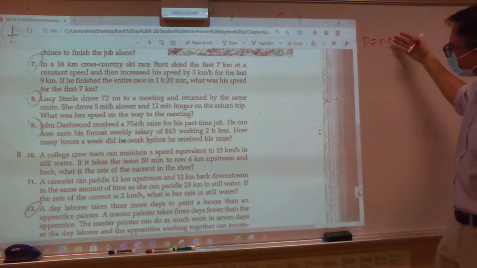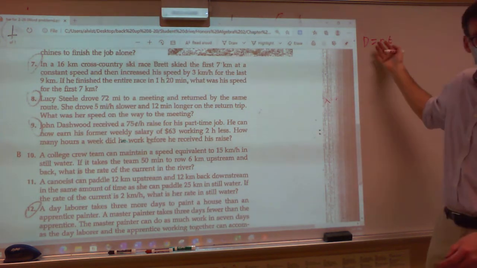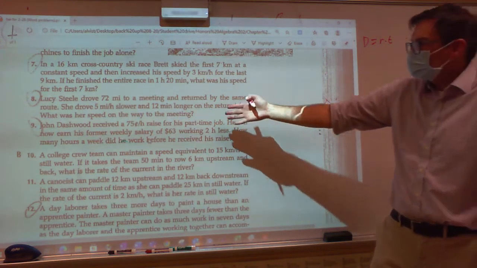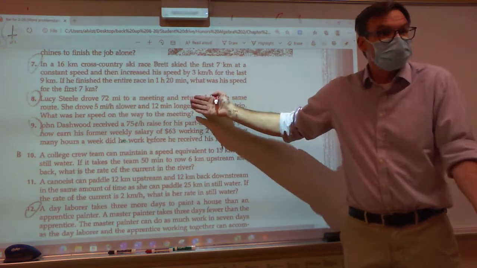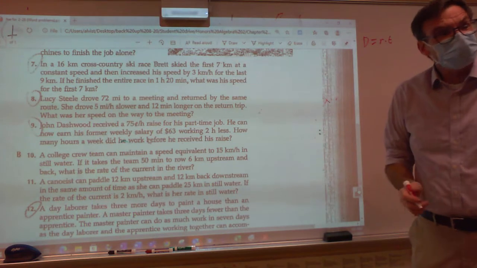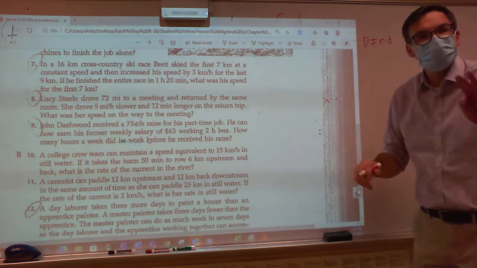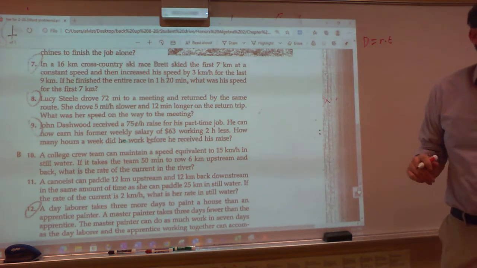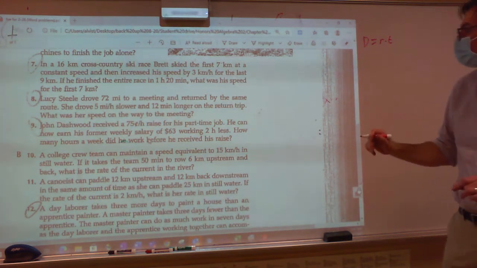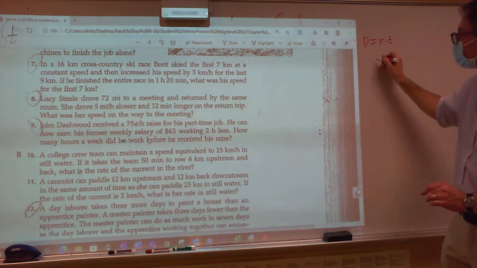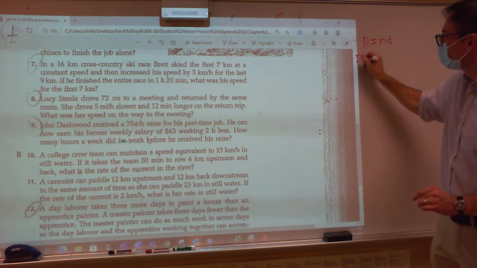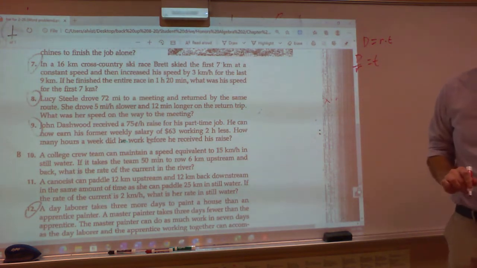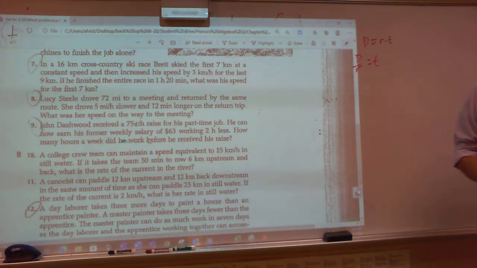And then we said d over t is r. Well, this is actually a distance problem, so we're going to use this. The difference is instead of being interested in rate, I'm interested in time. And since I'm interested in time, that means time is equal to distance over rate. Does that make sense?